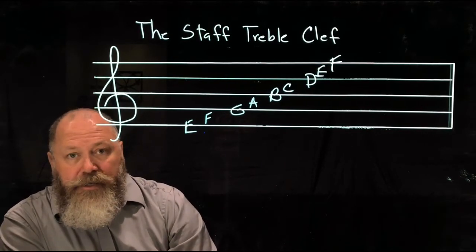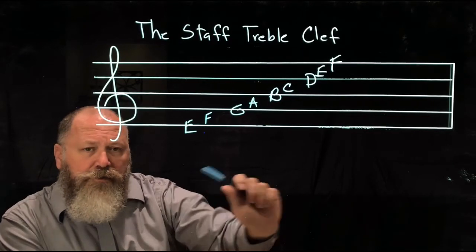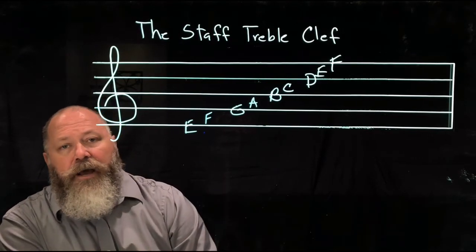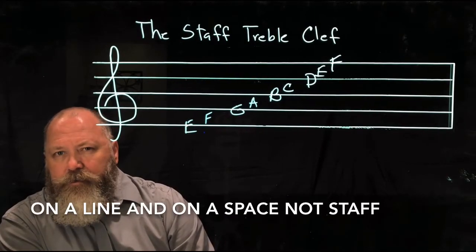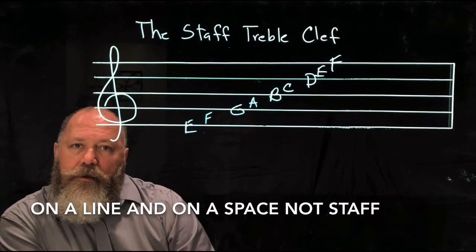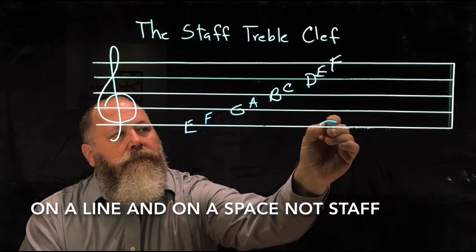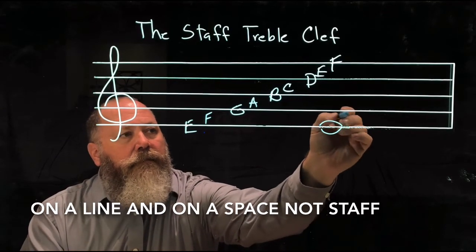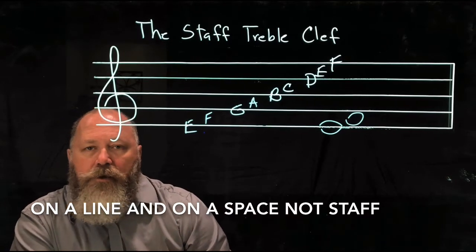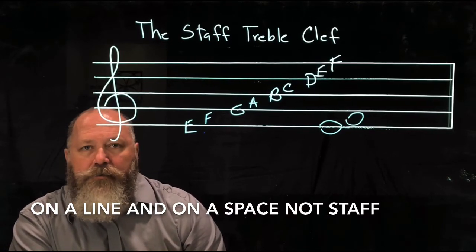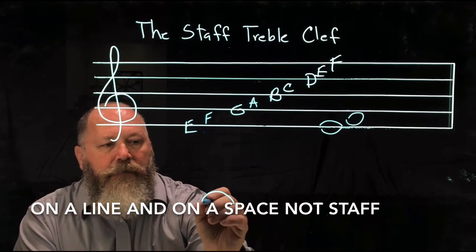Another thing that you need to know about the staff and treble clef is I'm going to draw two notes on here, and I often find students get confused about whether a note is on a line or on a space. So the first two notes I'm going to draw are that one and this one. One of those notes is on a line, and one of those notes is on a space.